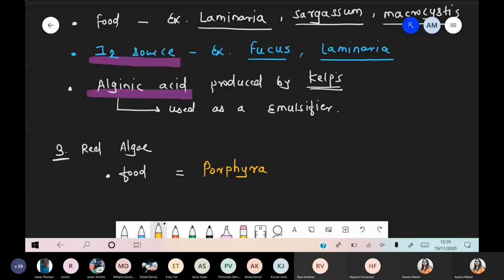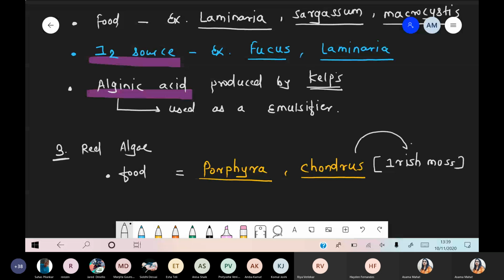Number second, Chondrus. Porphyra and Chondrus are used as a good food source. Chondrus is also called Irish moss, which is a good source of food.